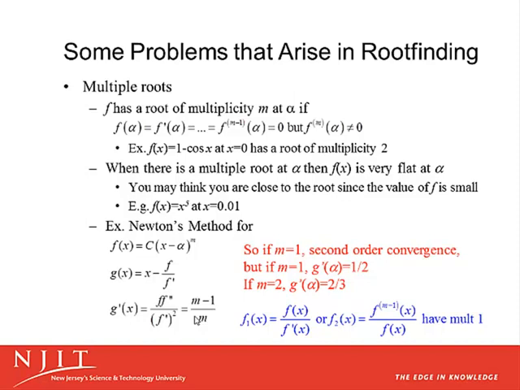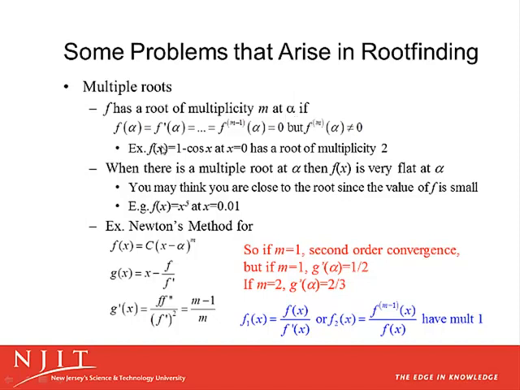Let's discuss some of the problems that may arise when we're doing root finding. Well, if a function has multiple roots, what that means is if f of alpha is equal to f prime of alpha is equal to f double prime, etc., and the m minus first derivative at alpha is also 0, but the mth derivative is not, then we say that f has a root of multiplicity m at alpha.